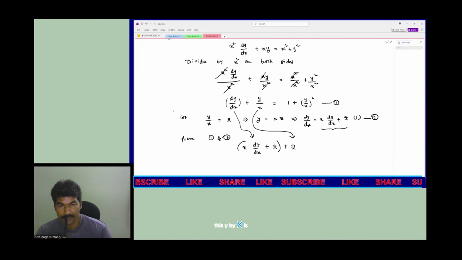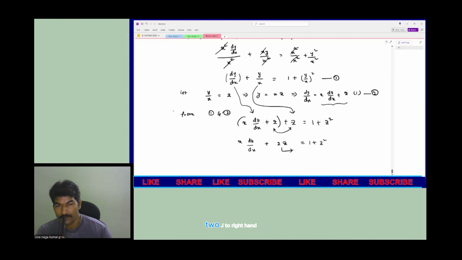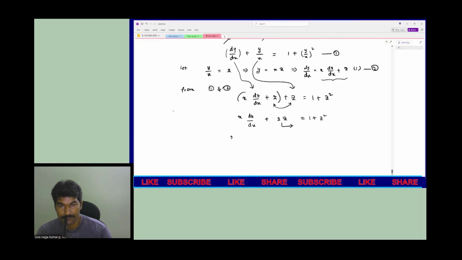This y by x is z, so it is 1 plus z square, because y by x, according to our assumption, is z. You see this value is x into dz by dx. Of course, z plus z is 2z equal to 1 plus z square. And we will move this 2z to the right hand side. Then x into dz by dx equal to 1 plus z square minus 2z.